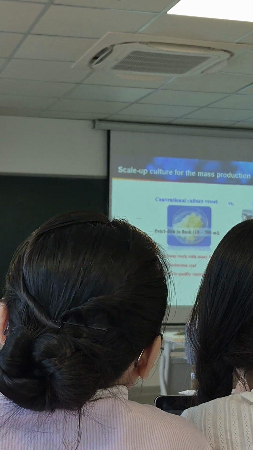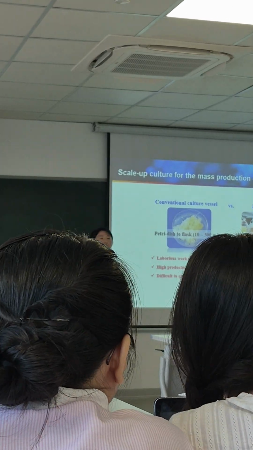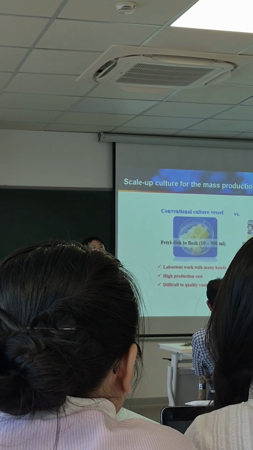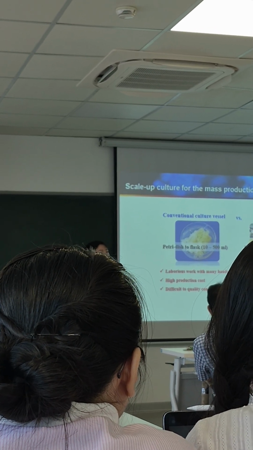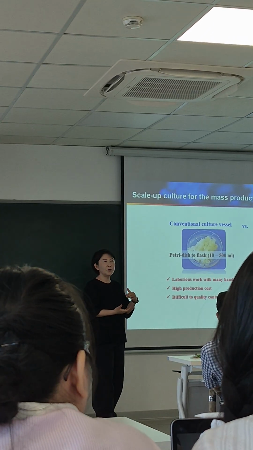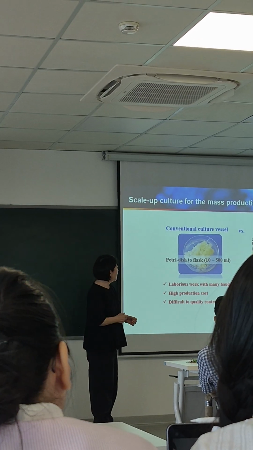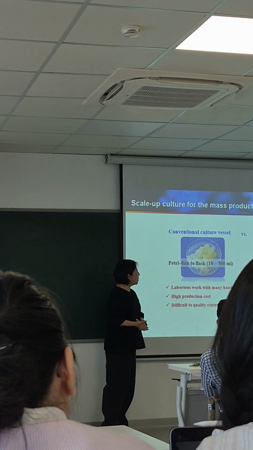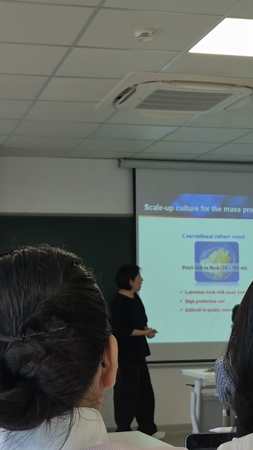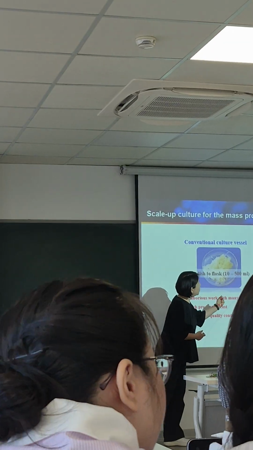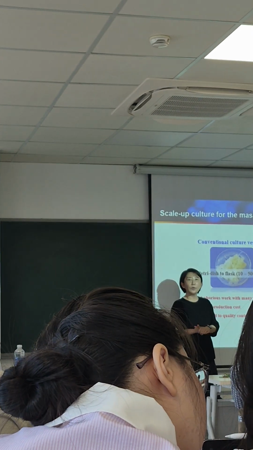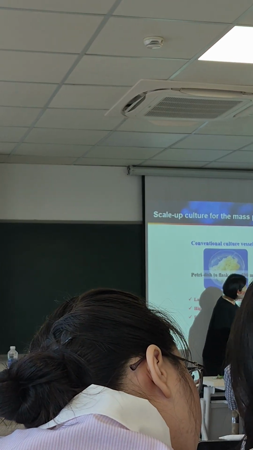If you think about industry, the petri dish is okay for research purposes. But for the market, we cannot produce that much biomass in petri dishes. It takes laborious work with many hands for the cell culture. Compared with the petri dish, bioreactors are controlled by an automated system, so it is half automation and easy to scale up in a factory.